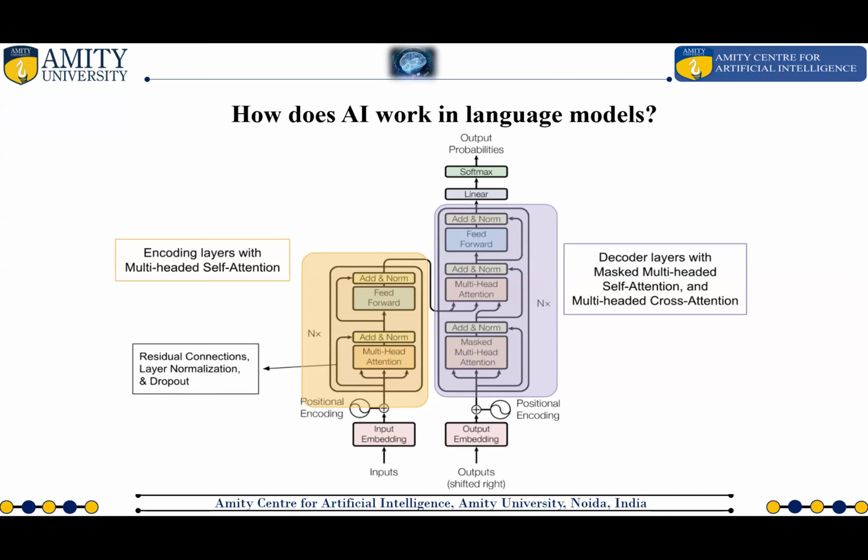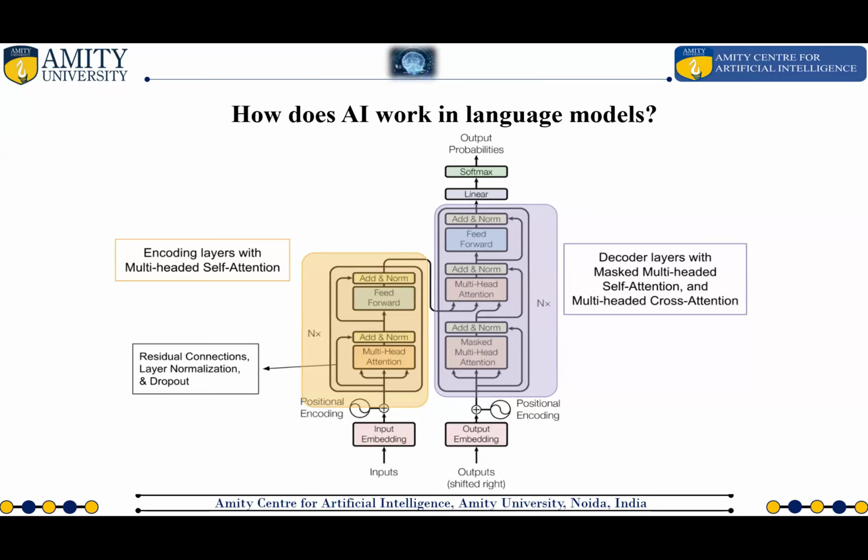So these transformers are faster, and they can handle long context better than previous neural networks. They can be trained faster because there is no waiting for step-by-step sequencing.